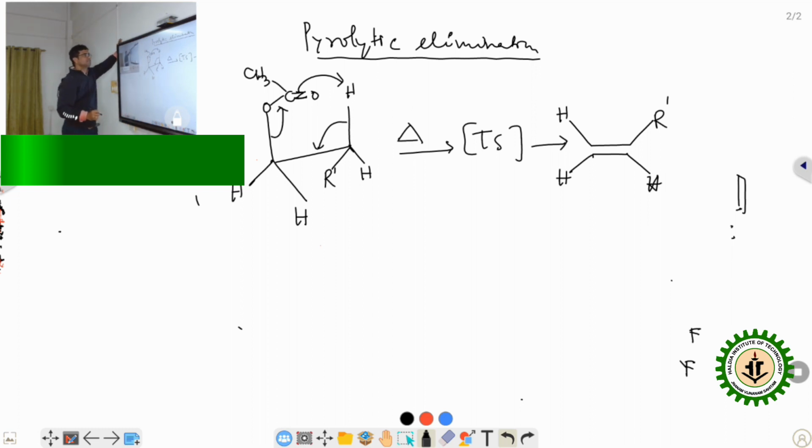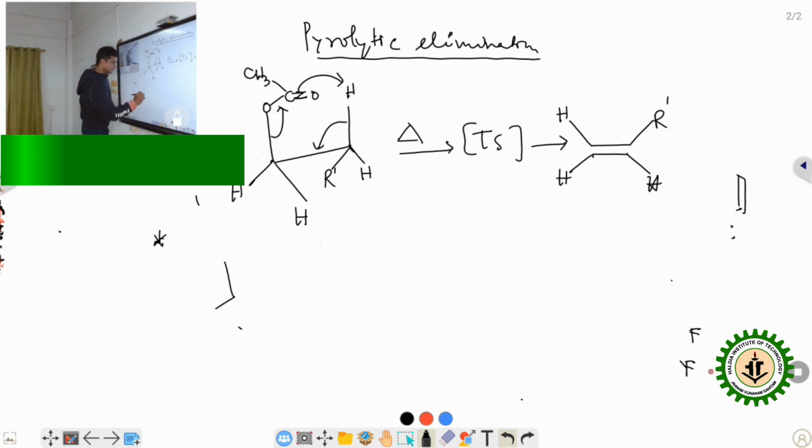So this is pyrolytic elimination, one example: an acetate molecule on heating produces this alkene. Another class of elimination under this heading is pyrolysis of xanthate.